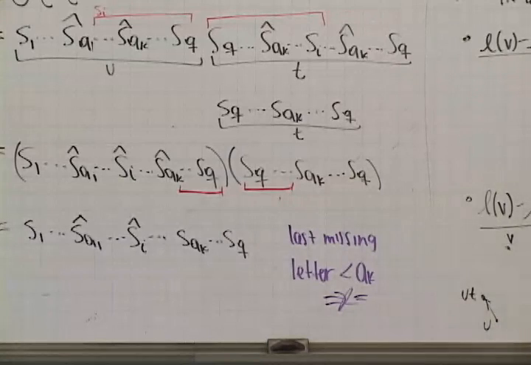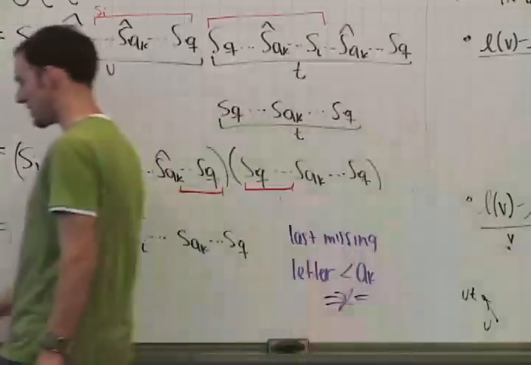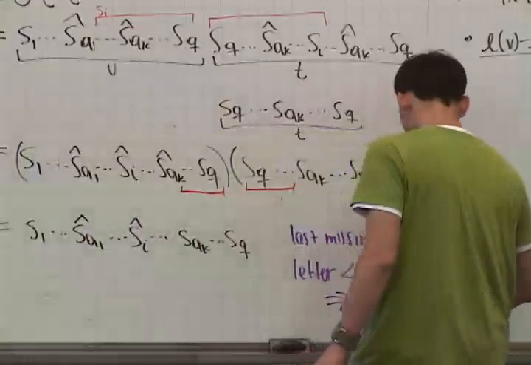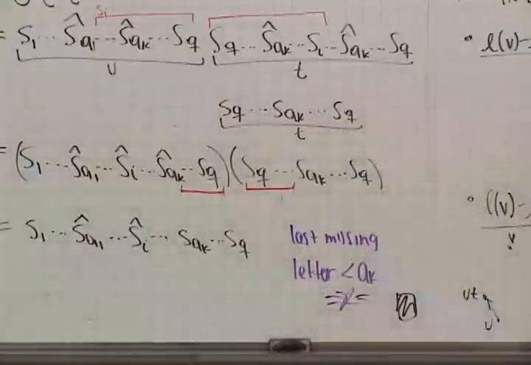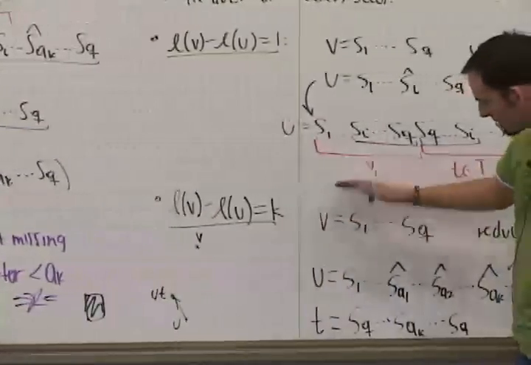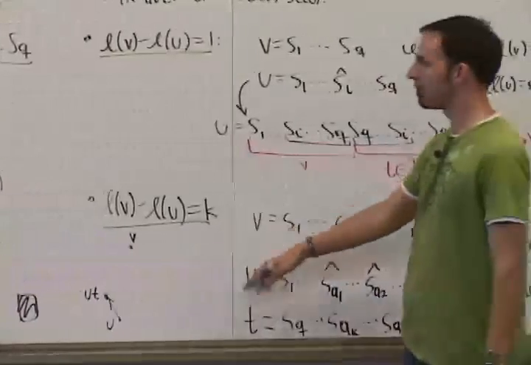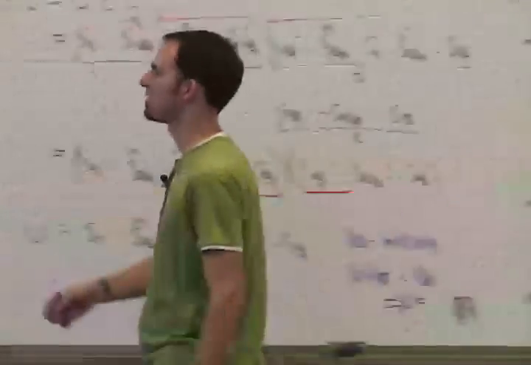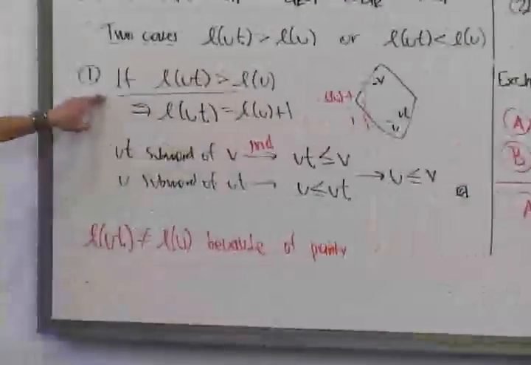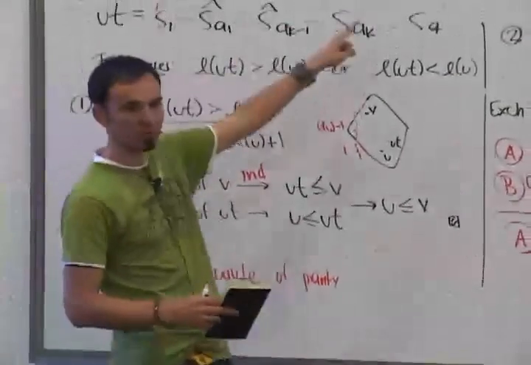So that's it, right? I'm done. Maybe we should step back and see what we did. So what is it that we did? I basically split it into two cases, where case 1 was the case that I believed to be true. We all believed that this was reduced.